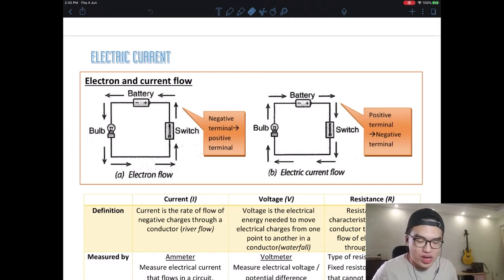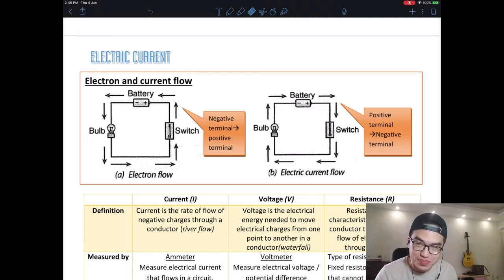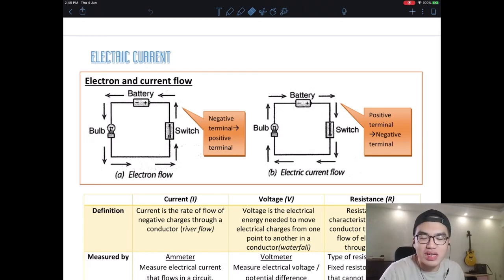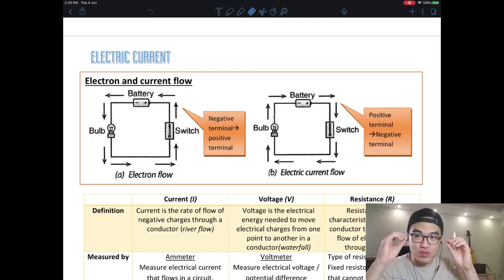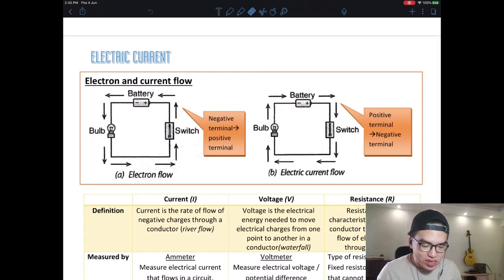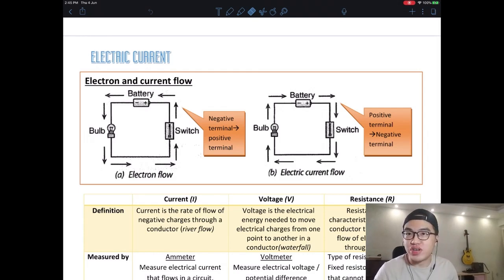Today we are going into a very important subchapter called electric current. Out of all the subchapters and all chapters, I personally think this is the most important and the easiest for you to score. Let's refresh a little bit.